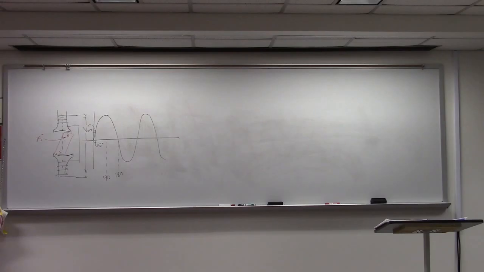Let's start over. So sine of 15, enter, square that, and that's it. 0.0669. You can use this. So you just keep doing that all the way down.